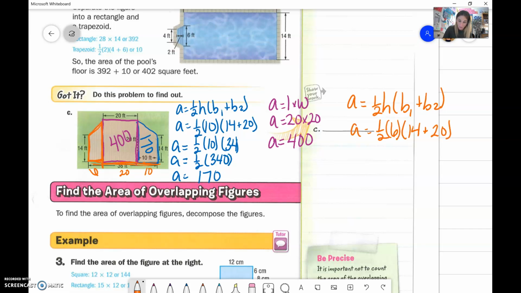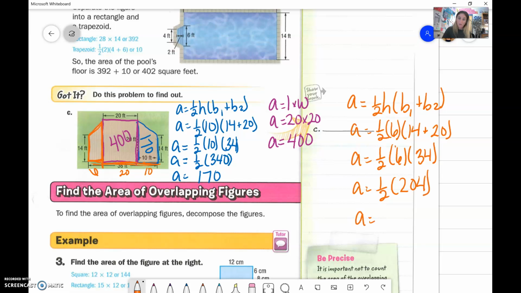So now I'm going to get area equals 1/2 times 6 times 34. So 34 times 6 is 204, so area equals 1/2 times 204.